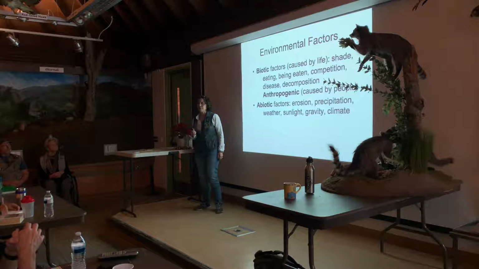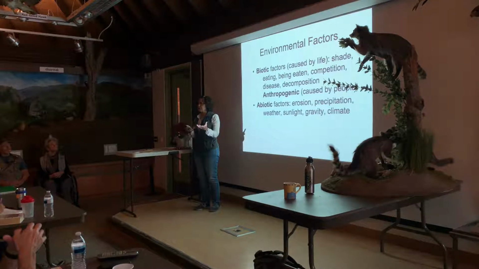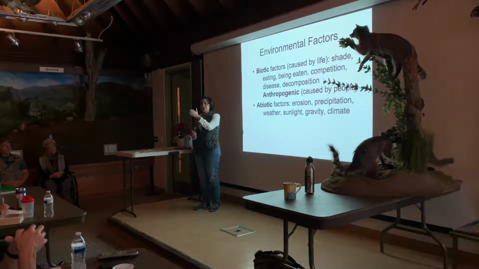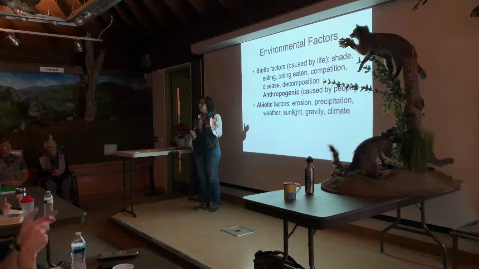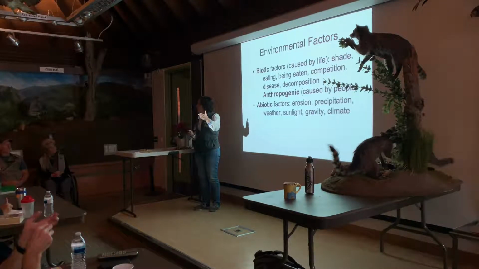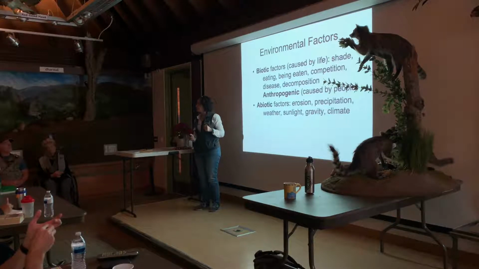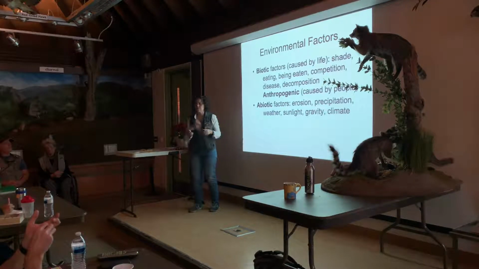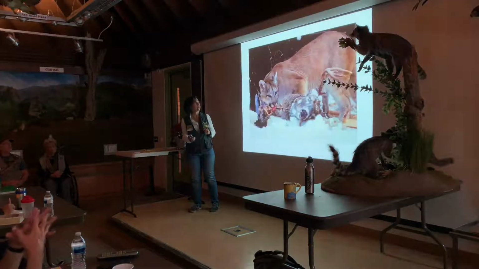Fires are a big organizing process here in the park, and we'll talk about that later. When we have a fire, it changes the landscape dramatically, and then within about 7 years, you almost can't tell. When we go for a walk, we'll see that later.